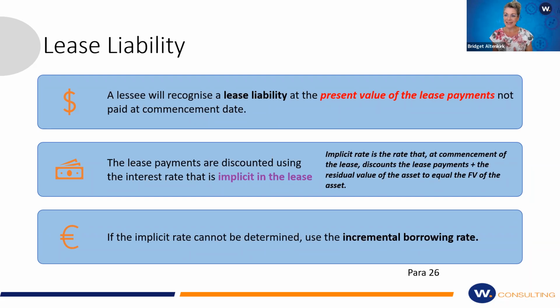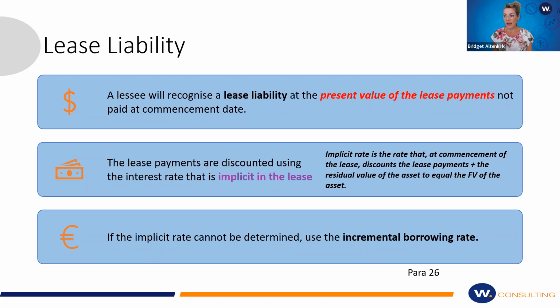In other words, the date at which the lessee has the right to control the use of the asset, they need to recognize the liability and the right-of-use asset. How do you measure the liability? In essence, you need to present value the payments that the lessee is still obliged to make to the lessor over the lease term. So it's also an example of a present value measurement technique.